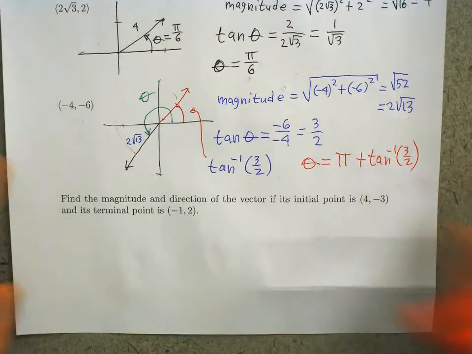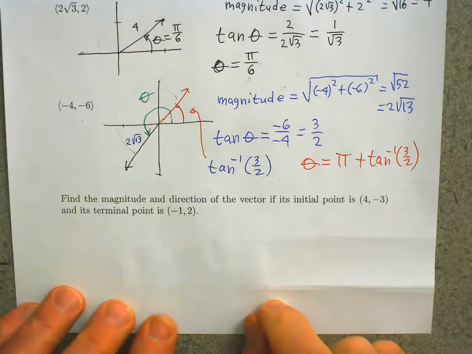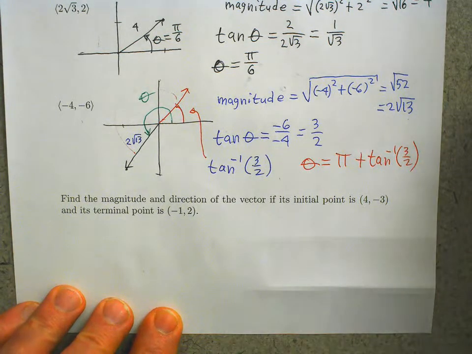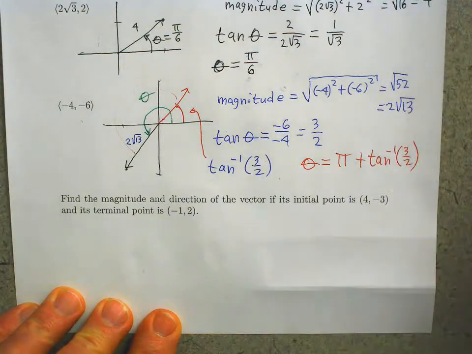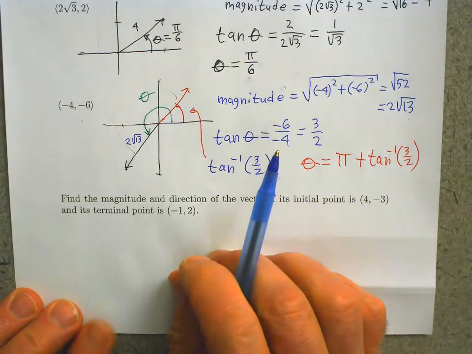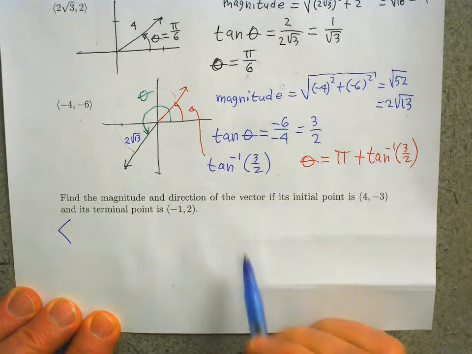Okay, the next one: find the magnitude and direction of the vector if its initial point is (4, -3) and its terminal point is (-1, 2). I would suggest writing the vector in component form first.